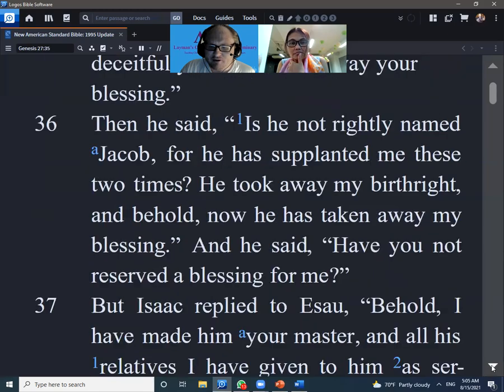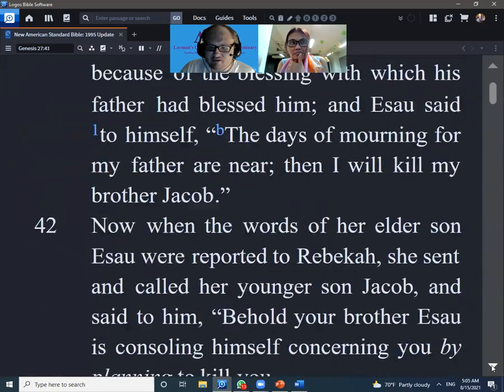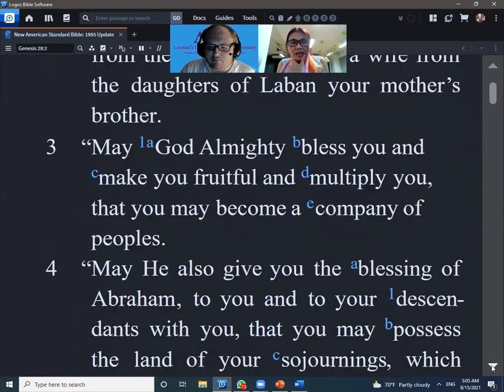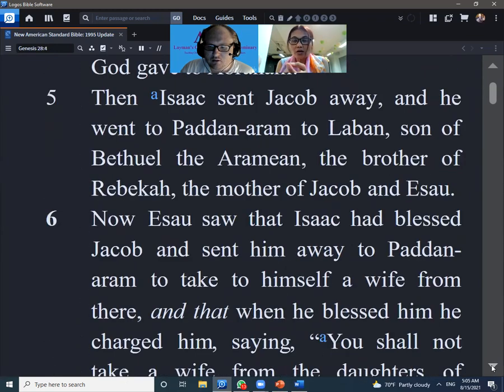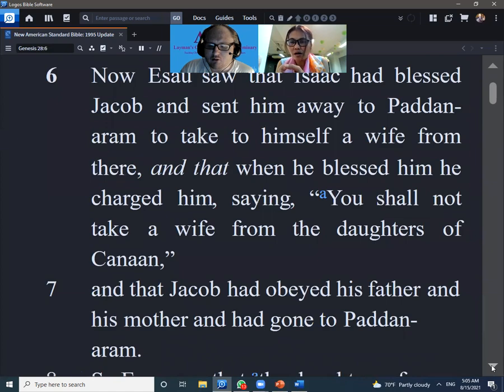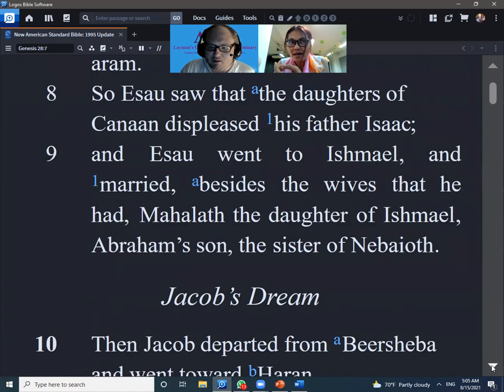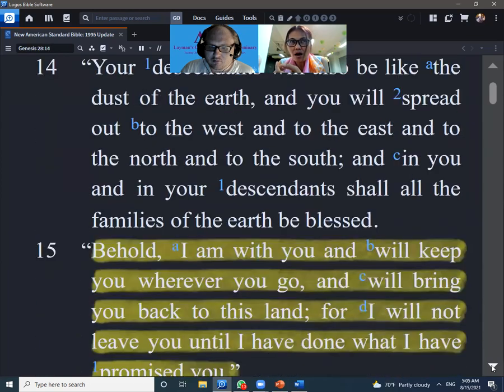Okay, so after he steals the blessing, right? He sends him off. Jacob is sent away. Isaac sends Jacob away.